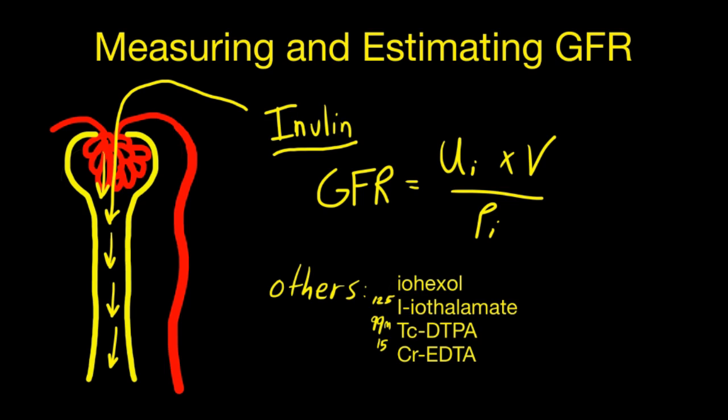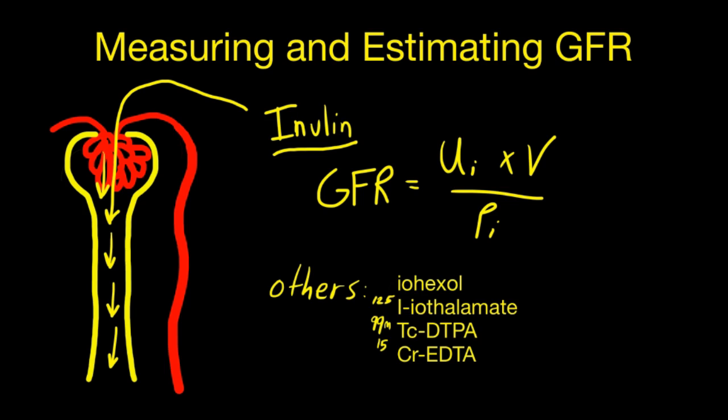And instead of calculating a urinary clearance, we can calculate the clearance from plasma using blood samples. So these are the markers that are used nowadays. But think about all the patients with CKD for whom you want to have a good guess of the GFR. We don't order these measurement tests on every single patient who has CKD.